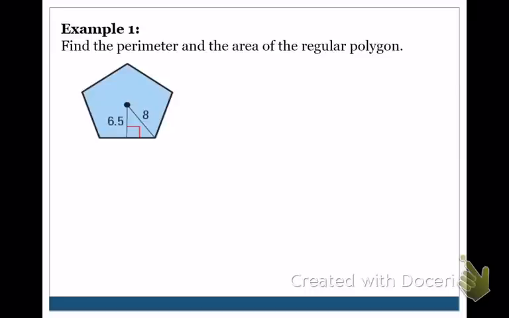So let's try this. Find the perimeter and the area of this regular polygon. Well, we know the area is 1/2 ASN. Okay? The apothem is 6.5. That's this guy. The side length, we don't know yet.